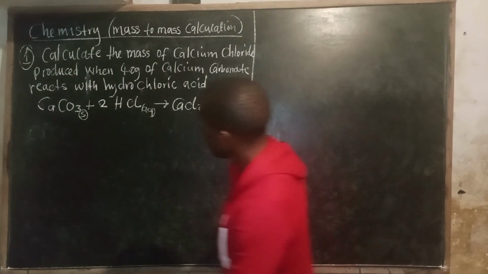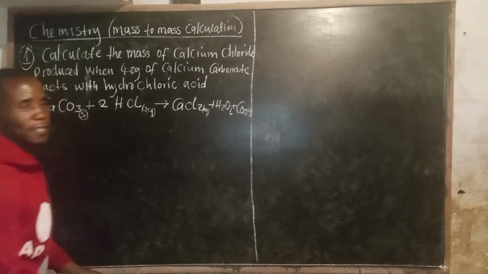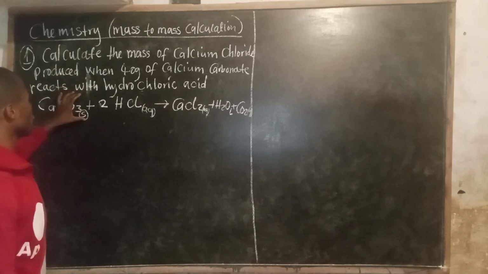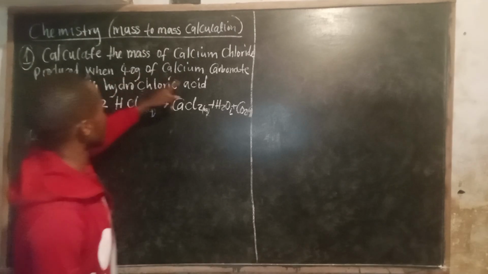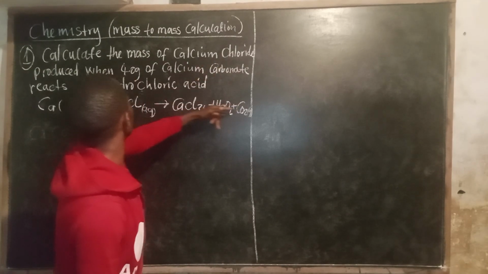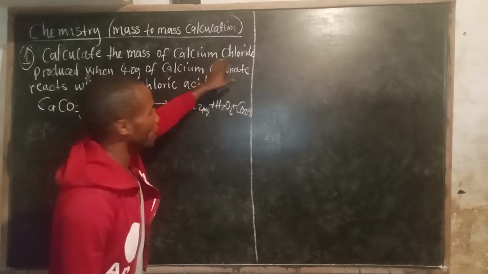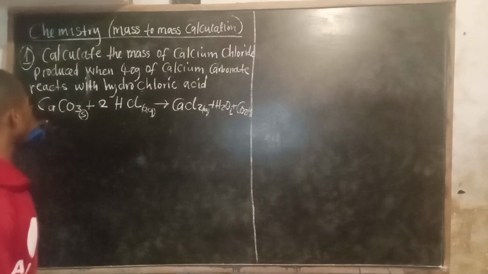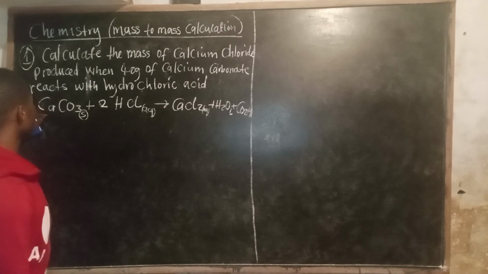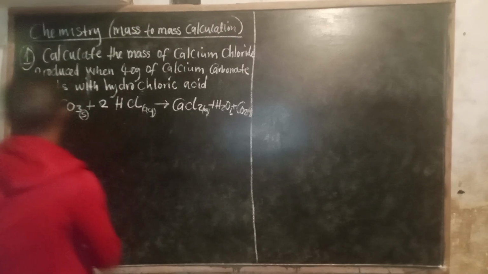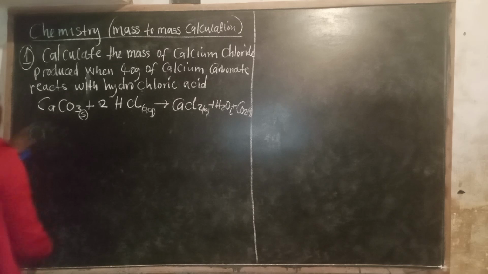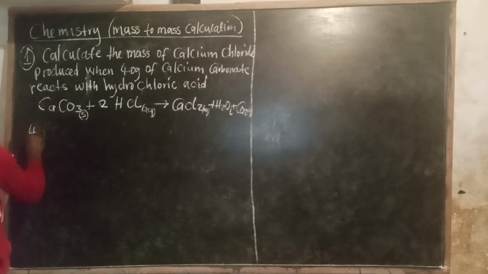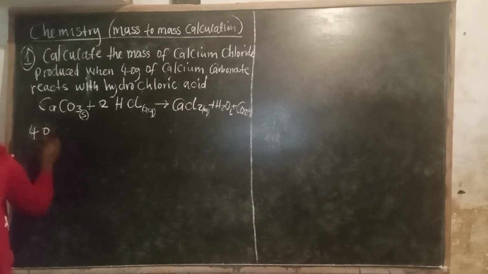Okay. So now, how do we find mass? Because we want to know the mass of this one, which actually reacted with the calcium chloride. So here, how we find mass, we are going to say the mass number for calcium is actually 40.